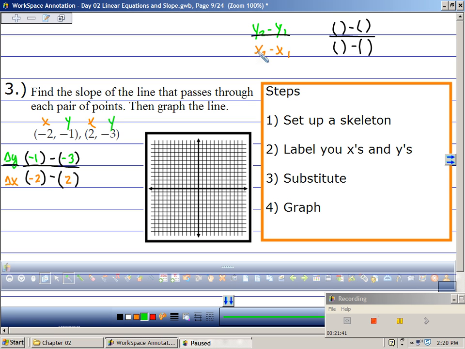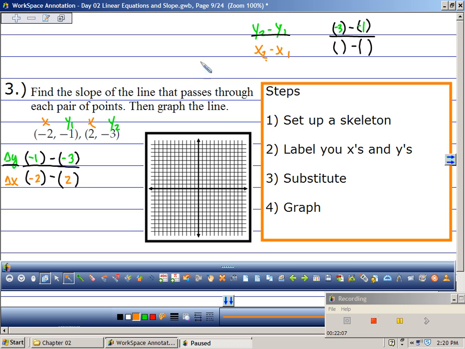The concept is the change in Y. It doesn't matter if I put one Y first before the other, you're still finding the difference between the two of them, right? So, if I put my Y2 first and then my Y1, I would put -3 up here and then -1. And over here, my X sub 2 would be 2, and my X sub 1 would be -2. So I'm going to do it both ways.